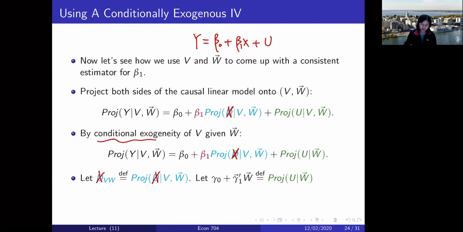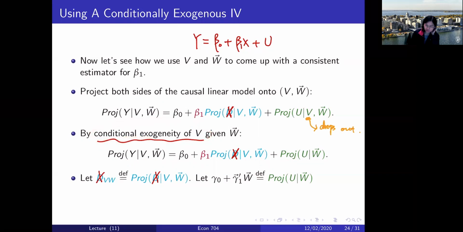So this conditional exogeneity implies that this V can drop out. So the projection of Y given V and W can be written as beta 0 plus beta 1 times the projection of X given V and W plus the projection of U given W. So now we have used the conditional exogeneity of V.